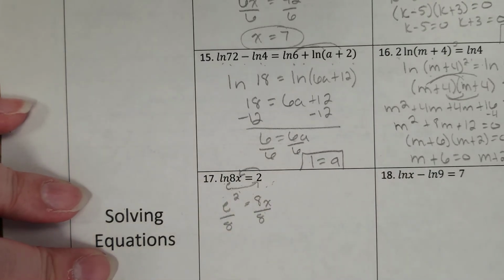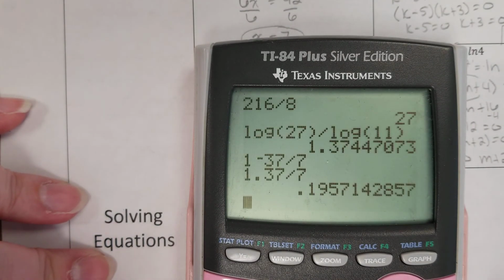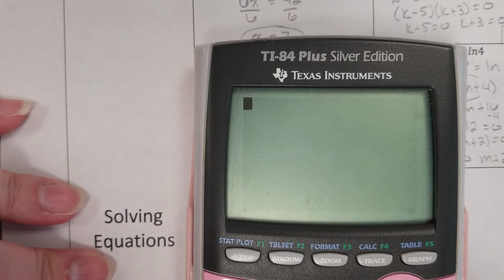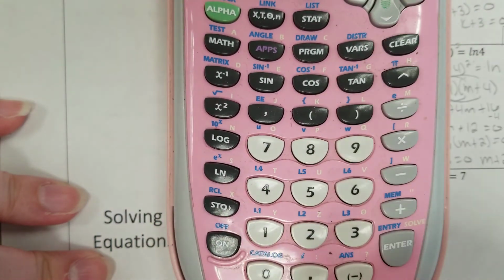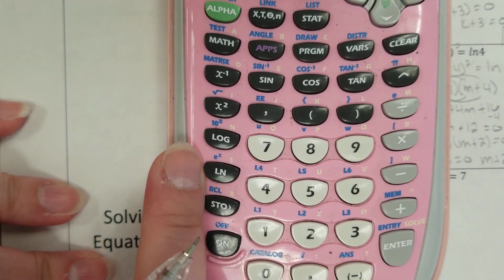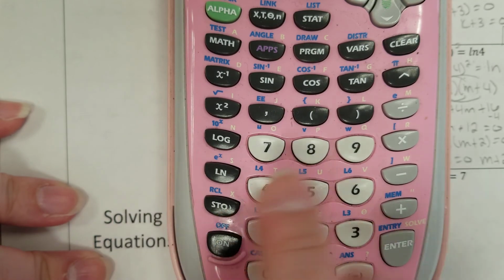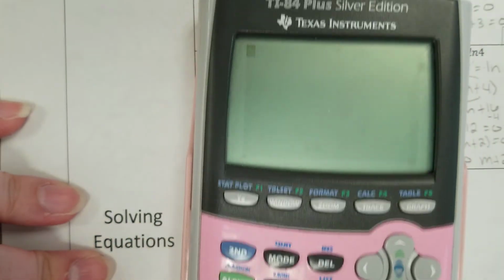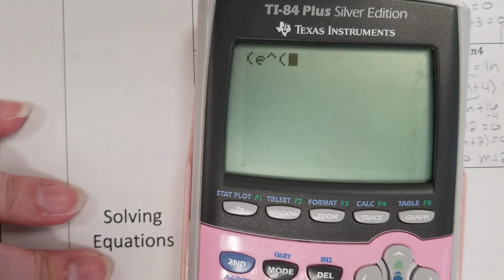Now you can type all of this in your calculator at once. If you don't have your calculator and you want to use Desmos, you have to go into the keyboard to use e, and it will work just the same. To put this in your calculator, if you go down here, there's a natural log button, and above it in blue is e to the x power. I'm going to have you put this in parentheses. Put parentheses and hit second and that natural log button so that e is on your screen.